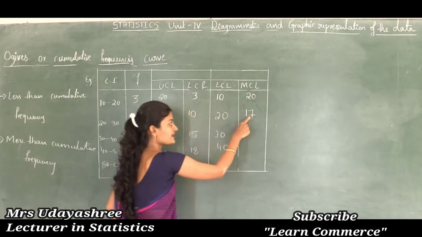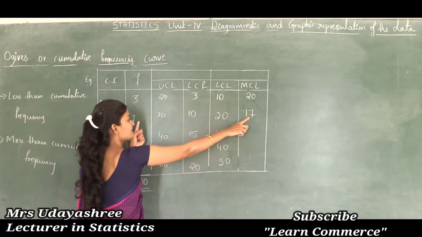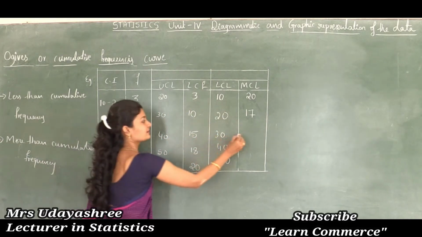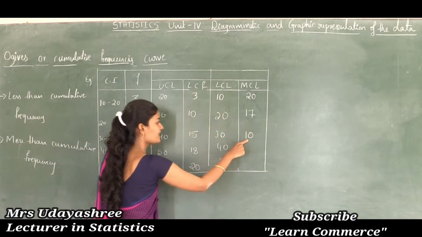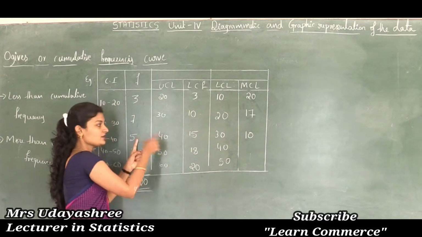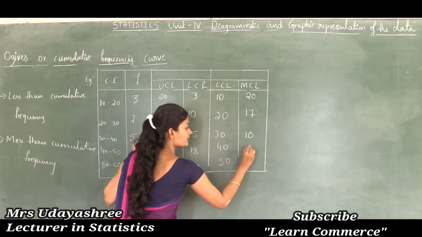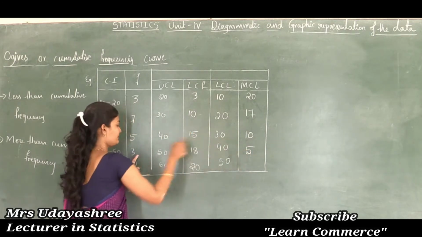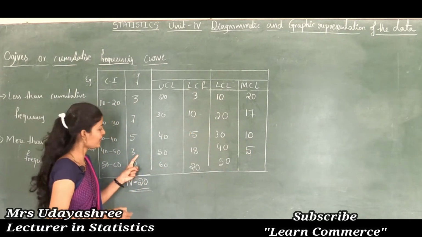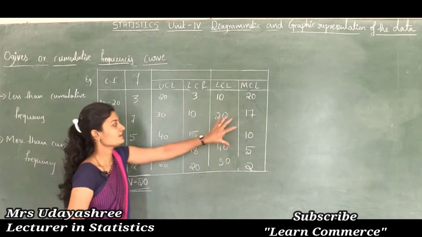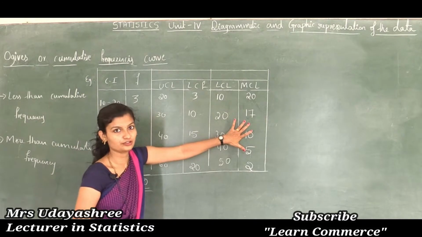From this 17 I subtract this 7: 17 minus 7 is 10. From this 10 I subtract this 5: 10 minus 5 is 5. Next from this 5 I subtract this 3: 5 minus 3 is 2. So this is the formation of the more than cumulative frequency.